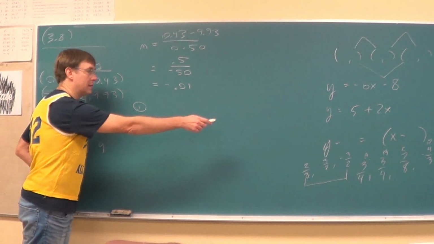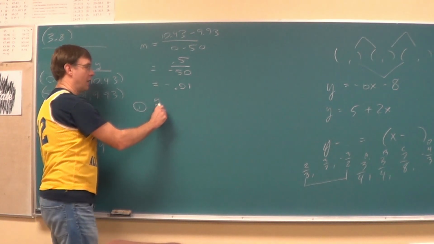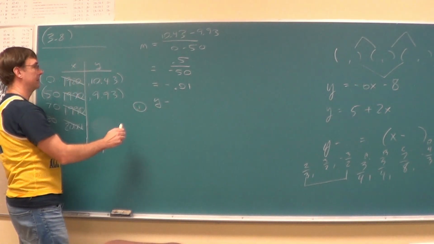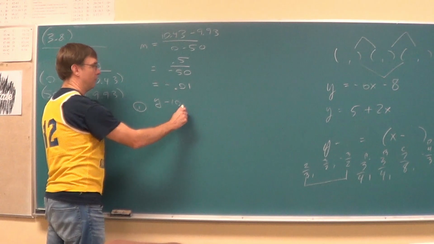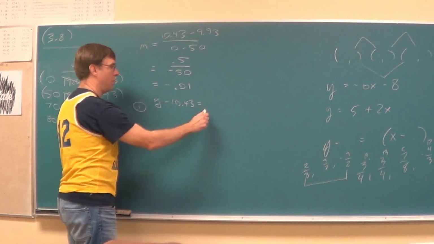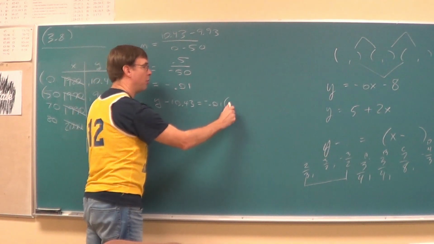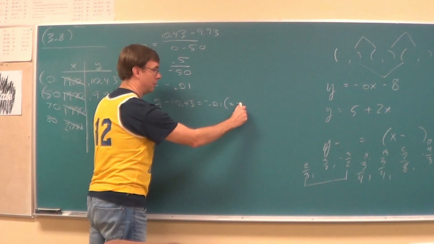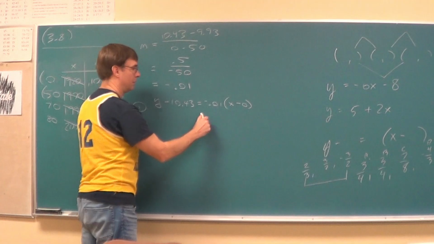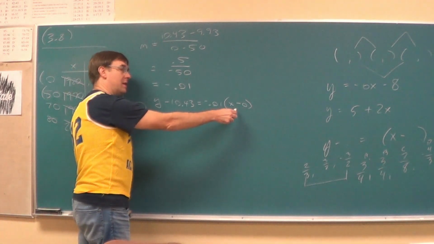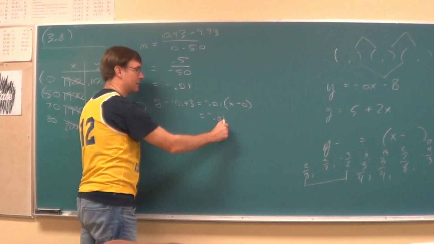So you could either go point slope, which you could go y minus 10.43 equals negative 0.01 parentheses x minus 0. x minus 0 is silly because that's just x.